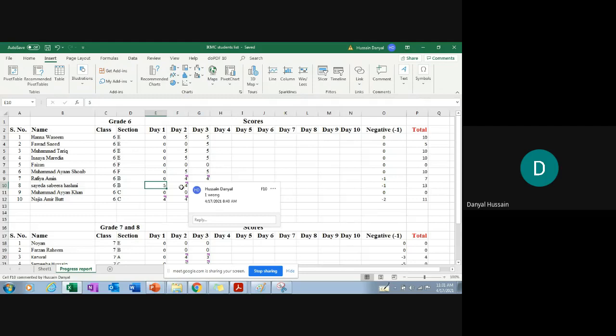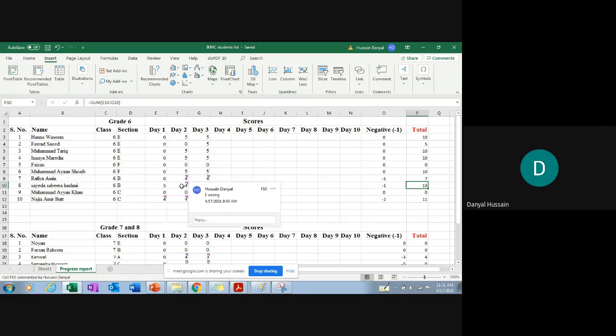So for one wrong, she got -1 mark. And on the other day, all five she selected were correct. So 5 plus 5 is 10, and 10 plus 4 is 14. But because of negative marking, she got 13 points.